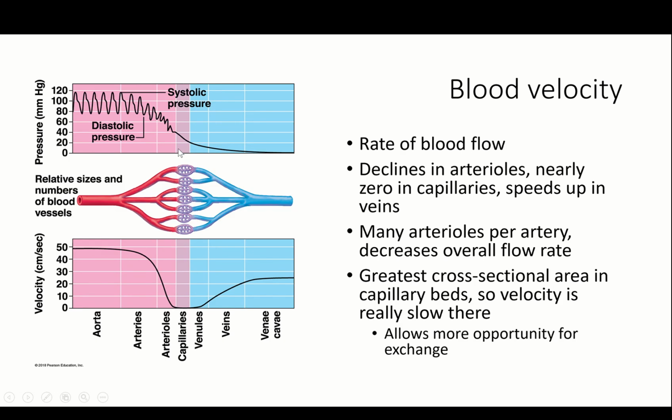When you reach the arterioles, we branch that even further, so the pressure drops off and the velocity drops off. In the capillaries, it virtually reaches zero because of the interaction between the blood and the interstitial fluid, so it's hard to measure anything during that time. Then the blood starts to pool into the venules, and we see a small increase in blood velocity.